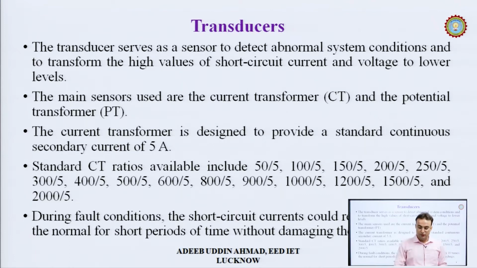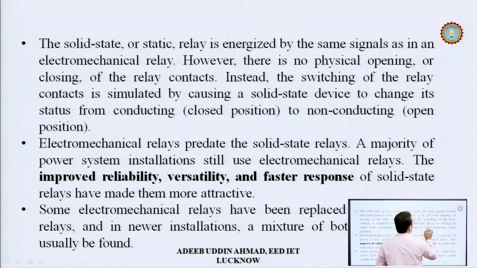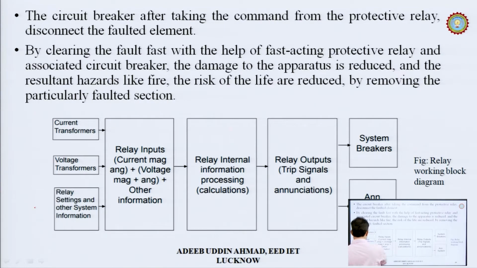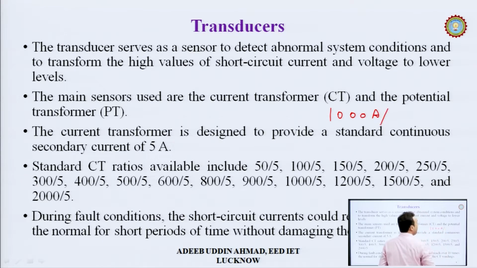For example, if there is a fault, the primary current may be 1000 ampere, but the secondary current is fixed at 5 ampere. So this is the work of the CT, that is, the current transformer.